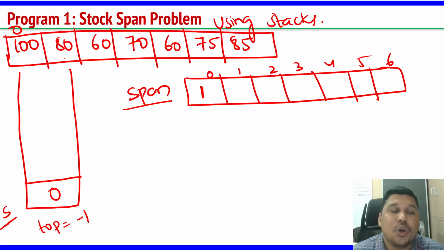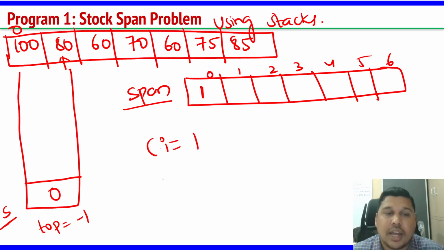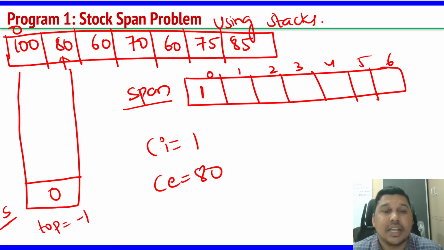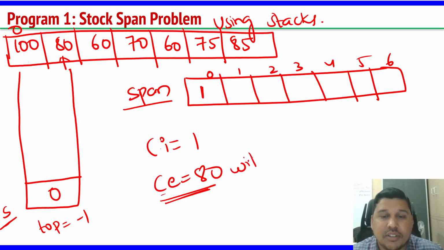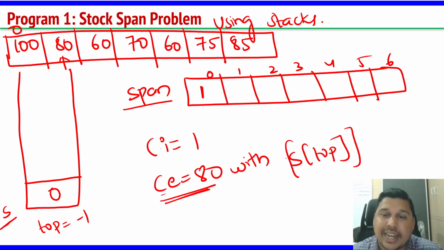Then day 2. The current index is 1 and the current element is 80. Compare the current element with the current top of the stack value. It means compare the current element 80 with A of stack top.